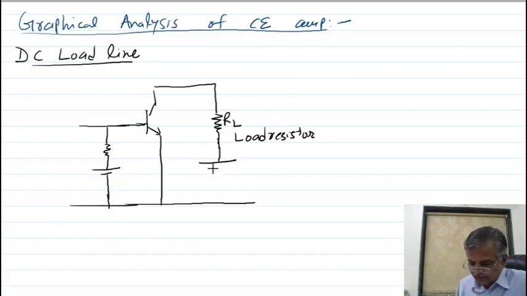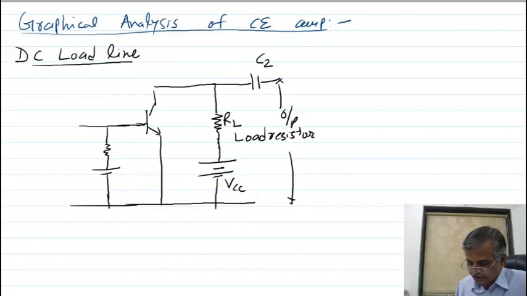This is your supply voltage VCC. Here is your coupling capacitor C2 and you will get the output voltage here. This is the ground line.